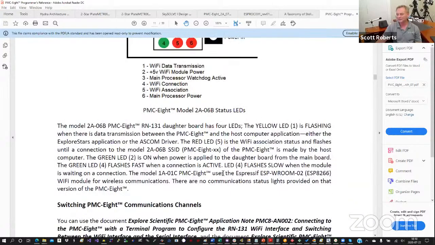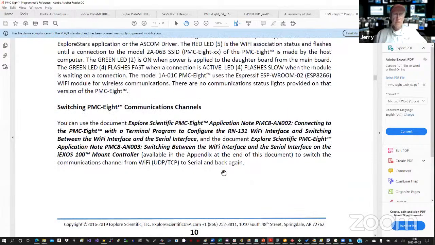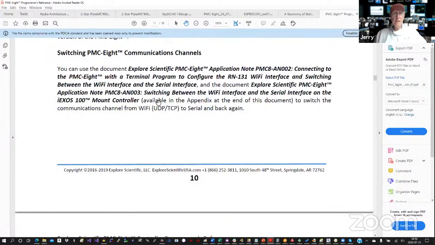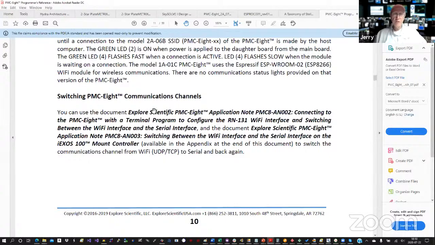And then I talk about the fundamentals of the system, basically the description of how the system works, what's involved with switching channels.